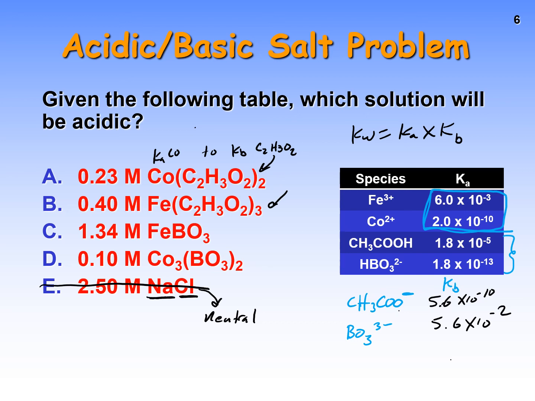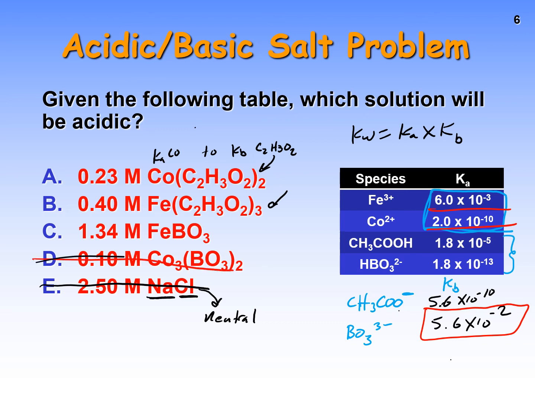Well, if we look at BO3 minus, this guy here, it's bigger than both of our two acidic cations. So it can't be present if we want the system to have a basic solution, or I'm sorry, acidic solution, right? So these two are scrapped then.